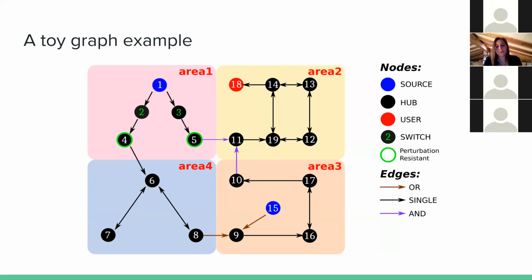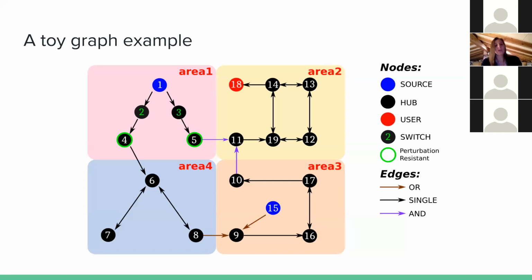Now, if you have just or fathers, at least one of them has to survive for you to stay alive. If you have all and fathers, all of them have to survive in order for you to stay alive. And if you have a single father, then it doesn't matter if it's or and. If the father dies, then you're probably going to be broken.